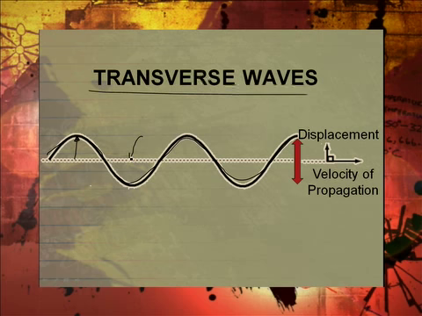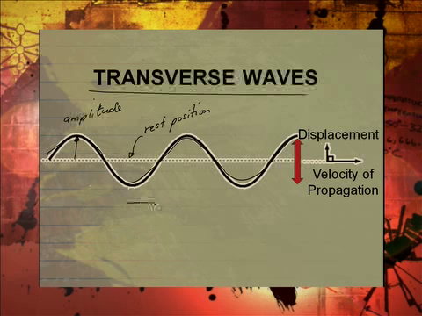This is the rest position of the wave, or the equilibrium position, some people will call it that. And that maximum displacement there is called the amplitude. I'm going to talk to this a bit more later on as well, amplitude and other things.